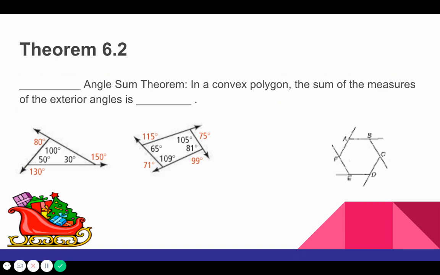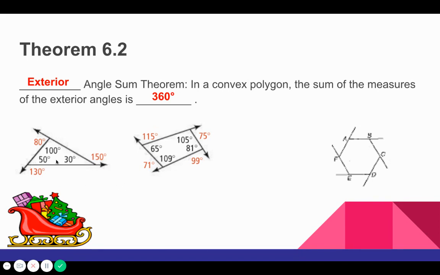Okay, so now we have another theorem. 6.2 is the exterior angle sum theorem. Now, in a convex polygon, the sum of the measures of the exterior angles is 360 degrees. So it doesn't matter how many angles, they will total 360 on the outside.